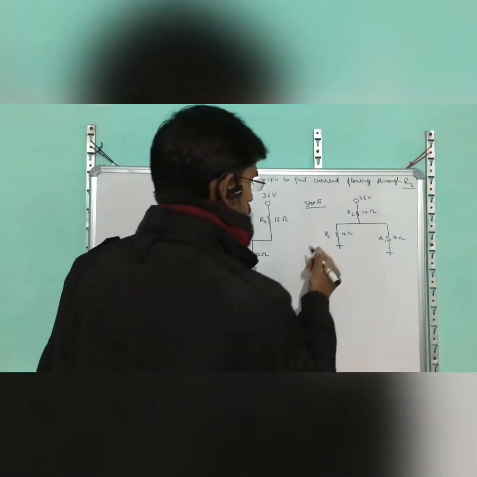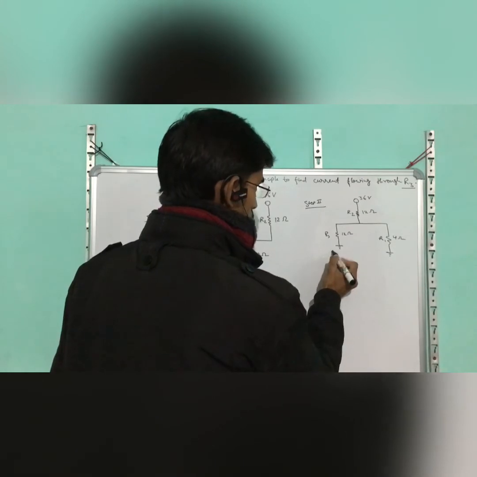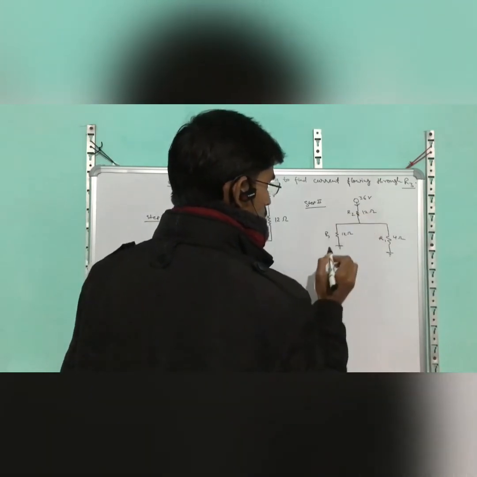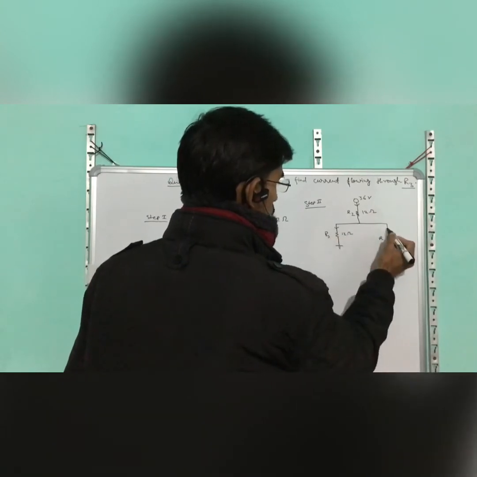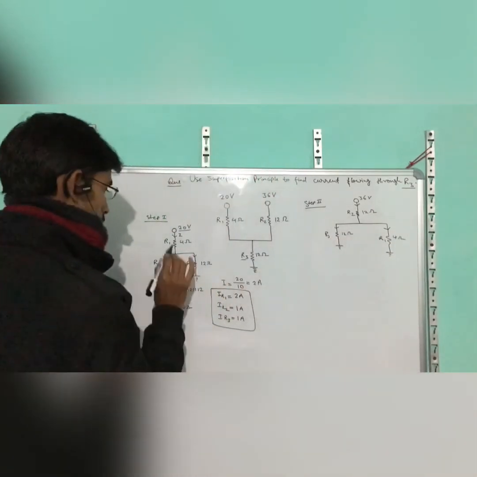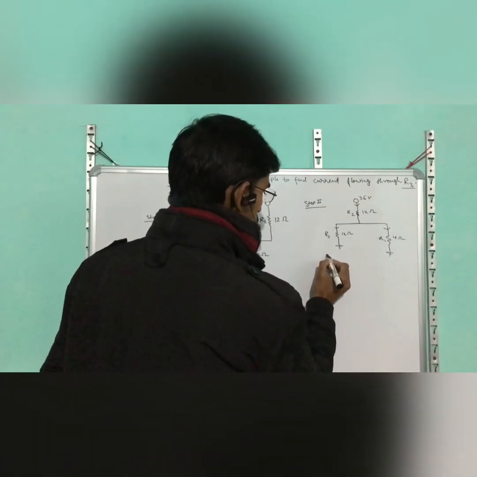So similar to the previous one, let us start finding out the current. So current will be flowing in this direction from this and here like this. Here also we have marked. So what will be the total resistance?